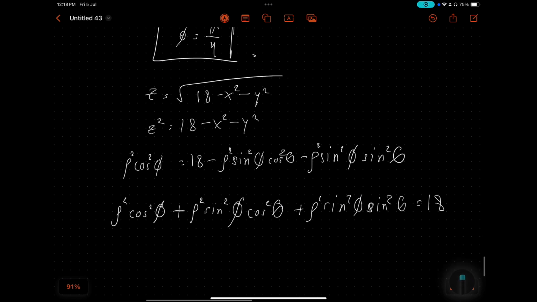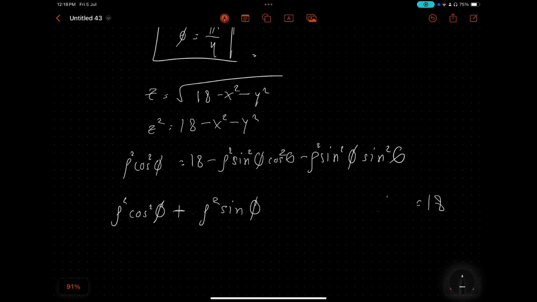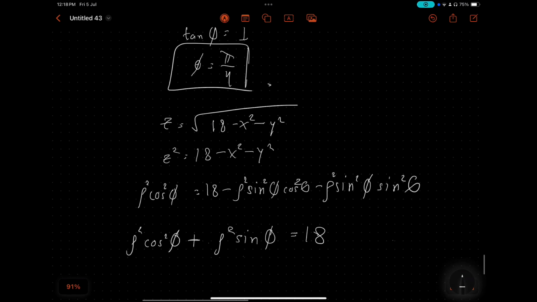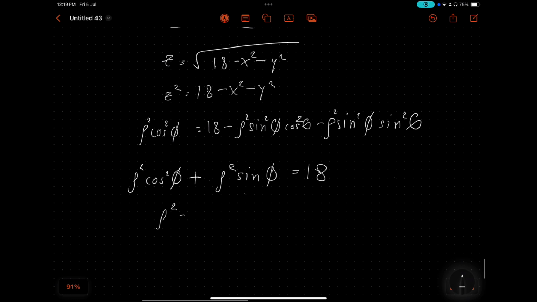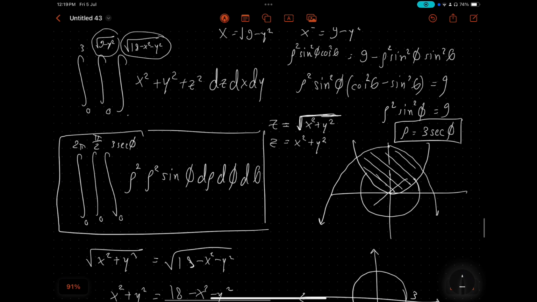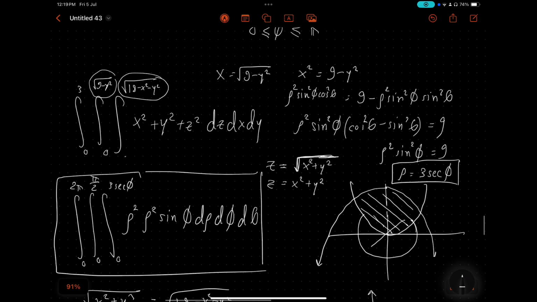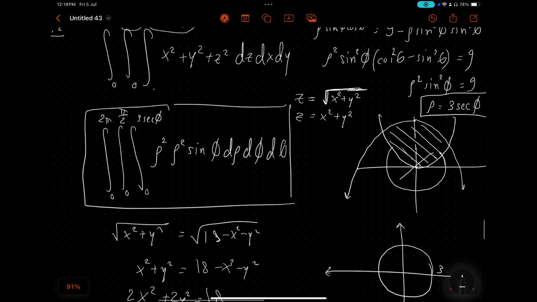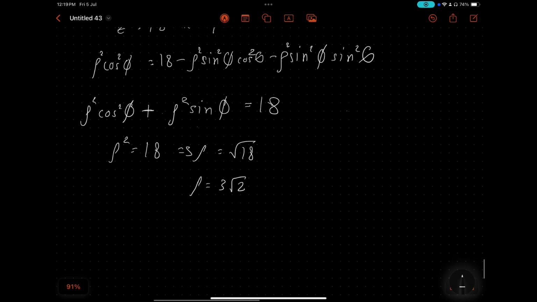And here we can take a common factor, so now we're going to have rho squared equals 18, or rho equals the square root of 18. I don't think this is correct. Or rho equals 3 root 2. Rho is not constant here, we do not have a sphere really. Okay, and so I think the most accurate one is this: rho equals 3 secant phi. And then this is our volume. And so thank you for watching. I hope you benefited from this.